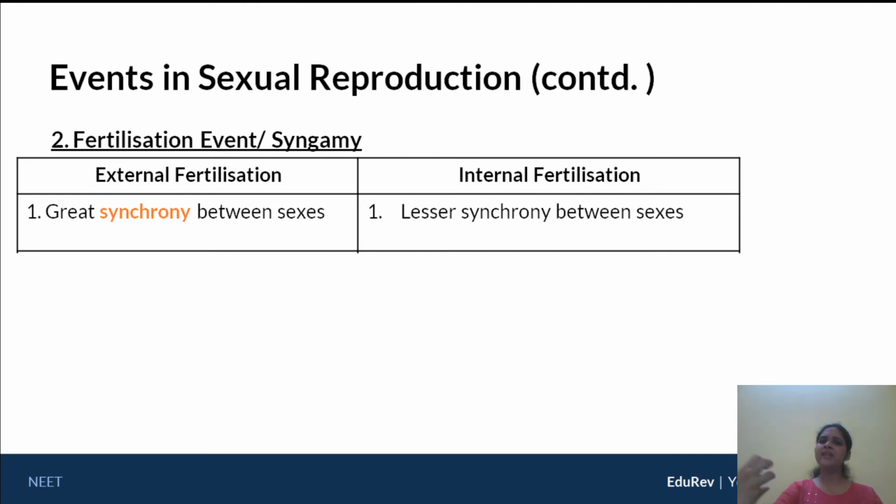Imagine if the male gave out its sperm at one time and the female gave out its egg cells at a whole other time. If there was no synchrony between the sexes, the probability of these two gametes meeting and fusing is very, very less. So therefore external fertilization requires a greater synchrony as compared to internal fertilization.